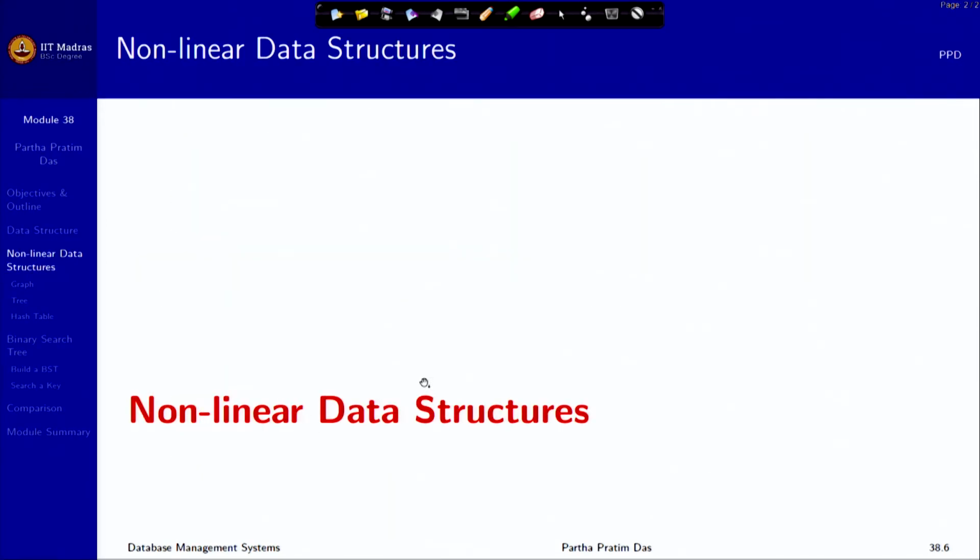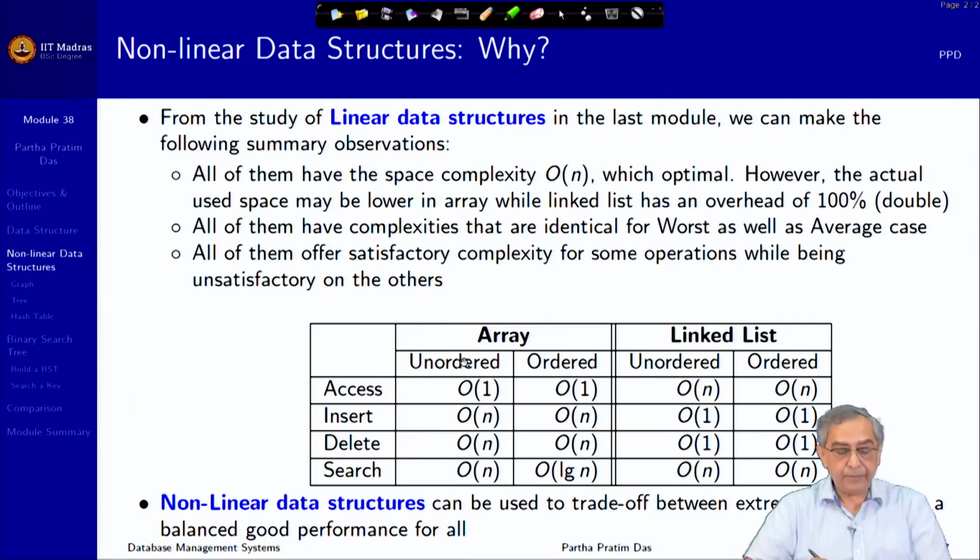Now, coming to nonlinear data structures, let us recall from our study of linear data structures that all of them that we have seen, array and linked list, ordered and unordered, have the same space complexity, which is order n, and which is optimal.